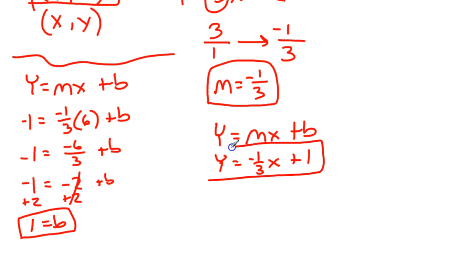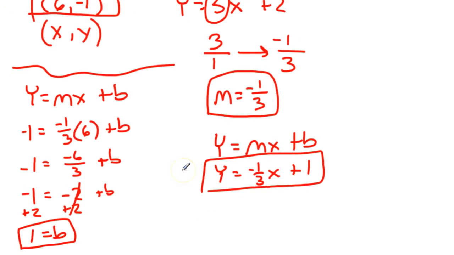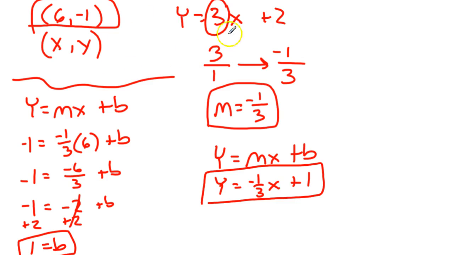Bang, boom, pow, done. And if I look at my original equation, it was y equals 3x plus 2. So I started off with 3, and I ended up with negative 1 over 3, so that's the negative reciprocal. And the y-intercepts are different. When they're perpendicular, they don't have to be different, but in this case they are, and that is all right.